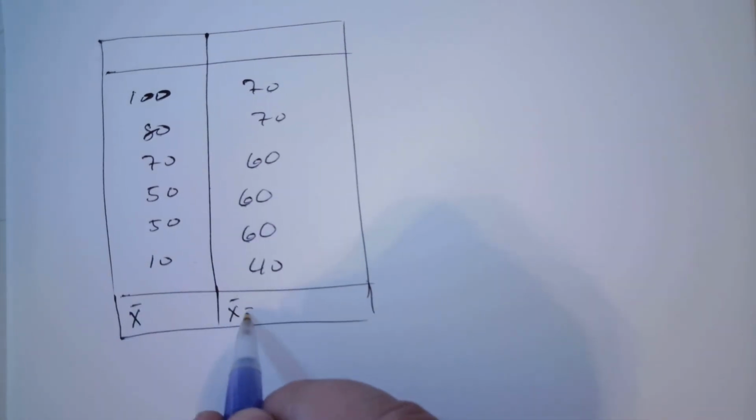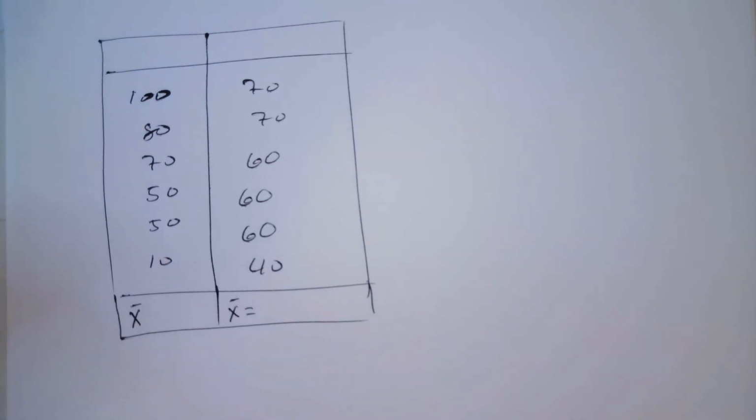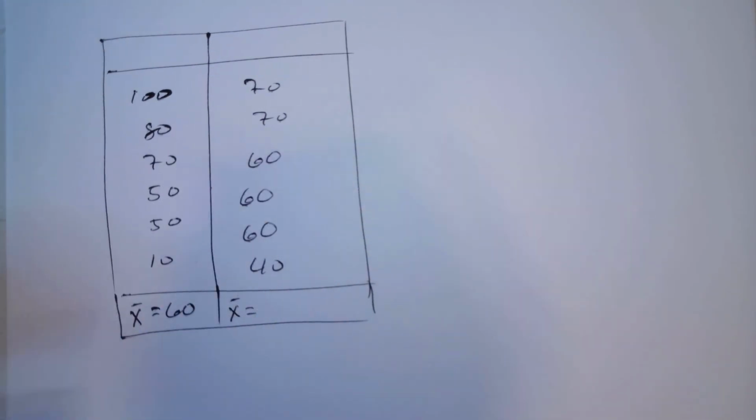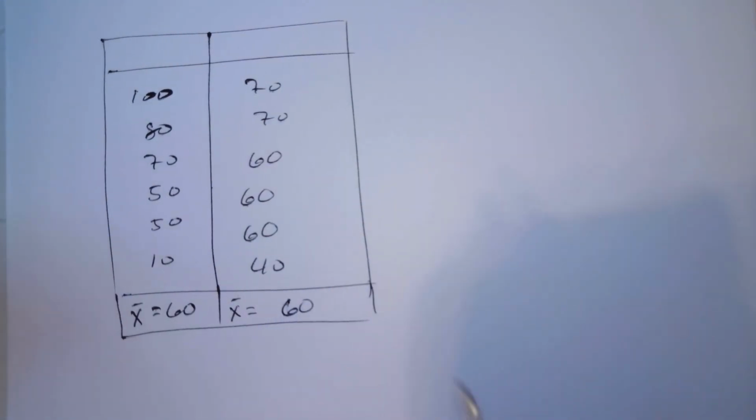If we found the average of both of those, so it's 100 plus 80 plus 70 plus 50 plus 50 plus 10. 360 divided by 6 is 60. 70 plus 70 plus 60 plus 60 plus 60 plus 40 is also going to be 60.